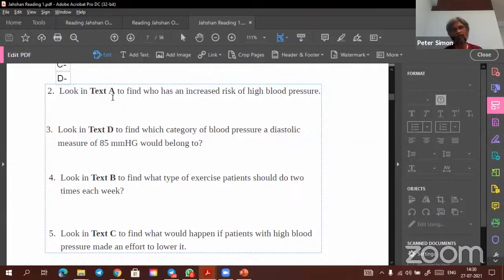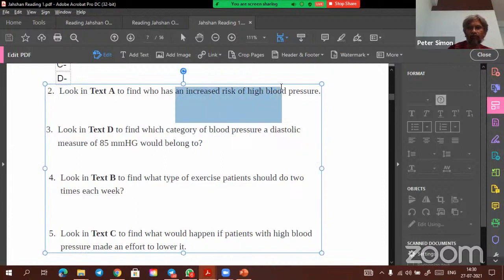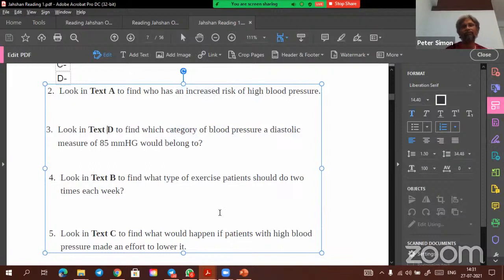Look in text C to find what would happen if patients with high blood pressure made an effort to lower it. So here, increased risk of blood pressure, that means you will find in text A. If you want which category of blood pressure, category means you will go to text D. Then if you want what type of exercises, then you will go to text B. Do this exercise, do that exercise, like that.